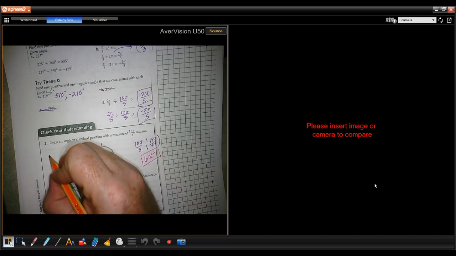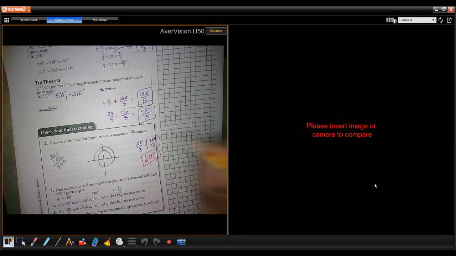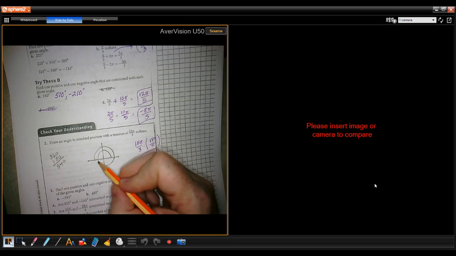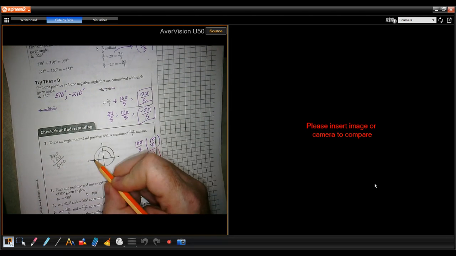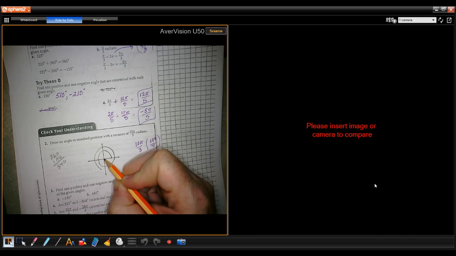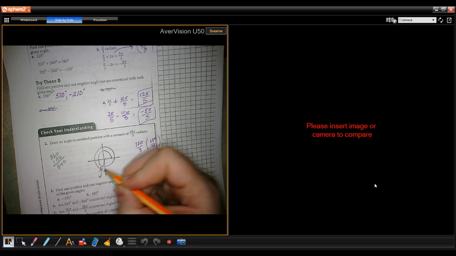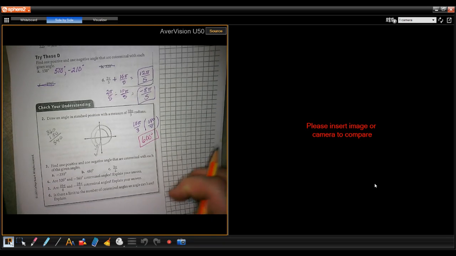So if you want to do the math, that's 540. So 540 plus 60 more, so more than halfway, something like that. So there's a 600-degree angle. And you could go around twice, you could do greater than 720.